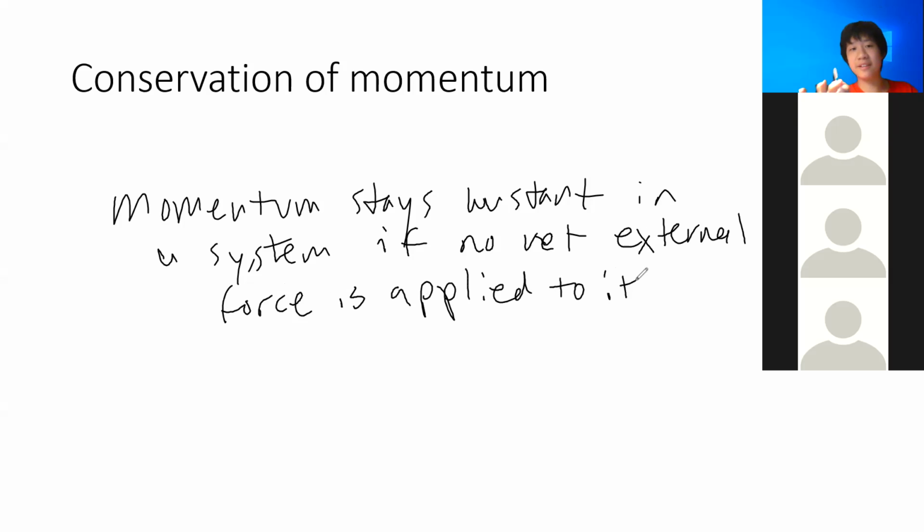So this is the statement that defines conservation of momentum. The momentum of a system stays constant if there's no net external force applied to it.